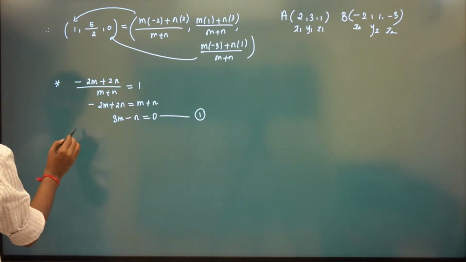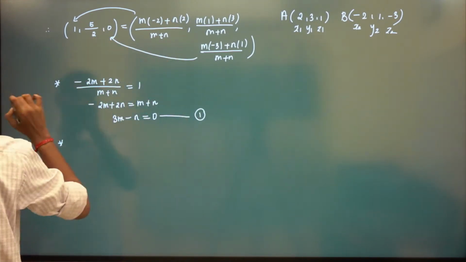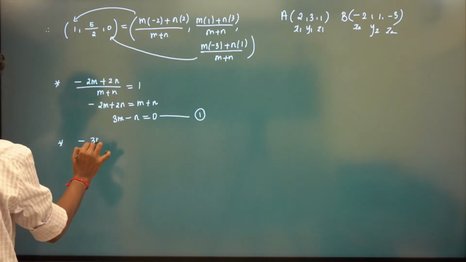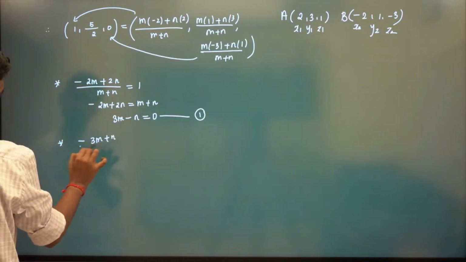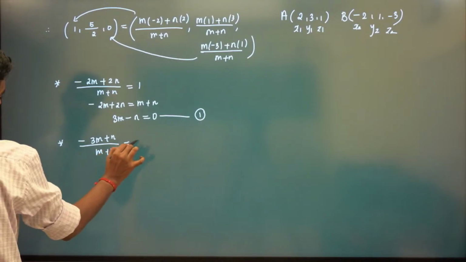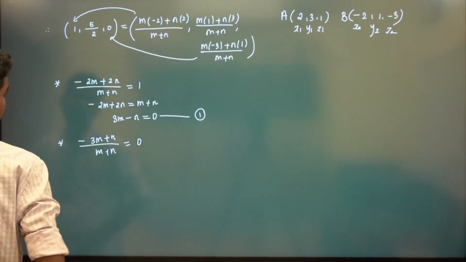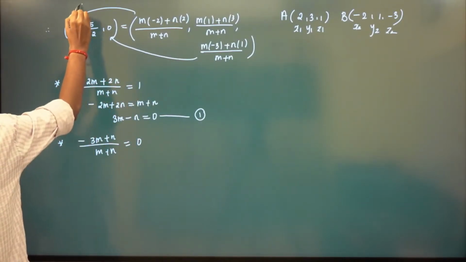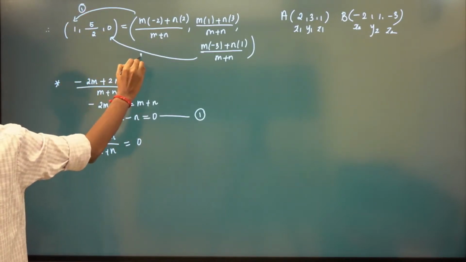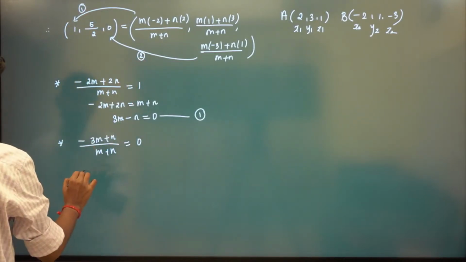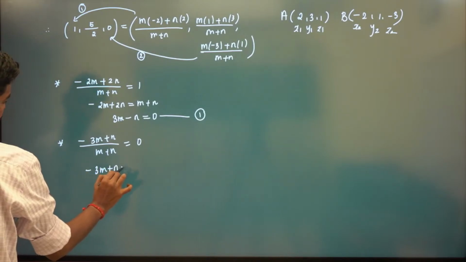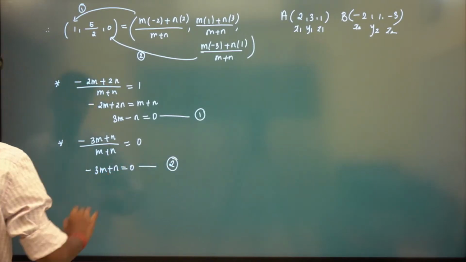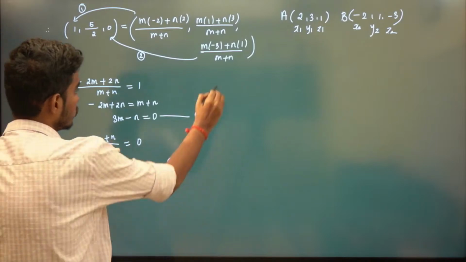And equate the third coordinate. So it will be minus 3m plus n divided by m plus n is 0, right? So we will have minus 3m plus n is 0. Call this 2.